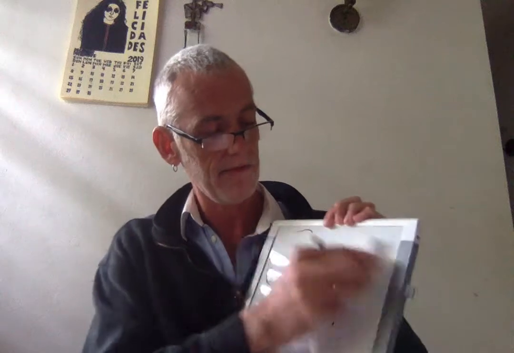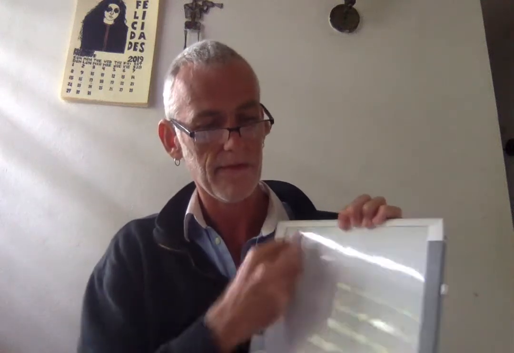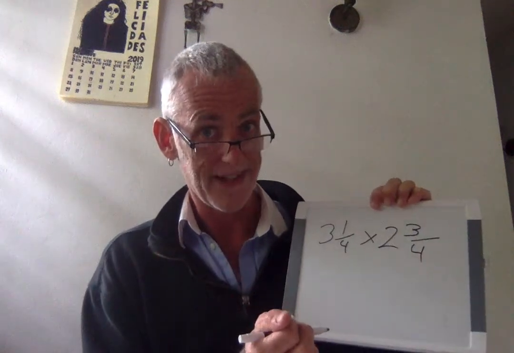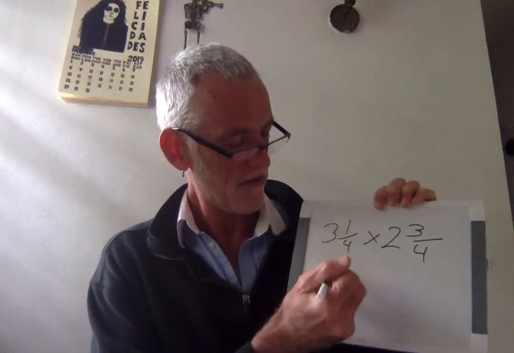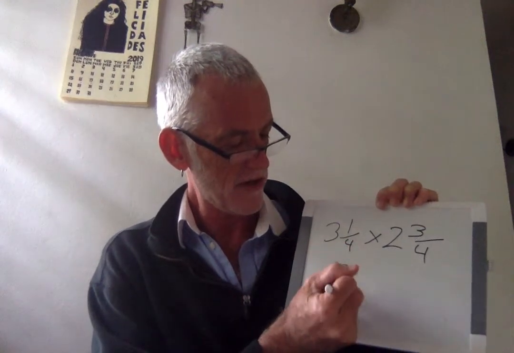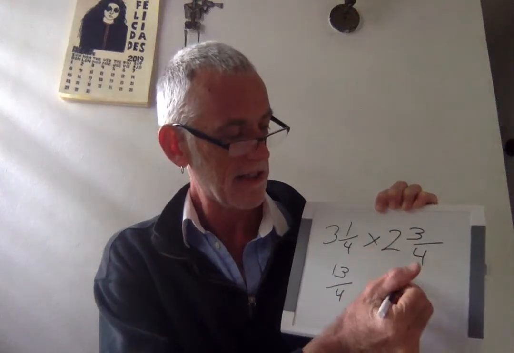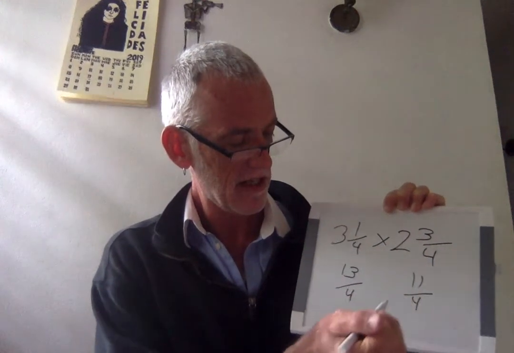So, you multiply 3 1/4 times 2 3/4. Complify. 3 times 4 is 12, plus 1, 13/4. 2 times 4 is 8, plus 3 is 11, 11/4.